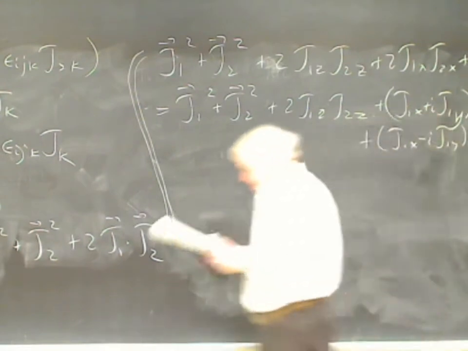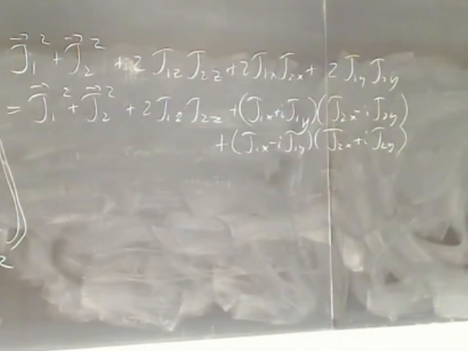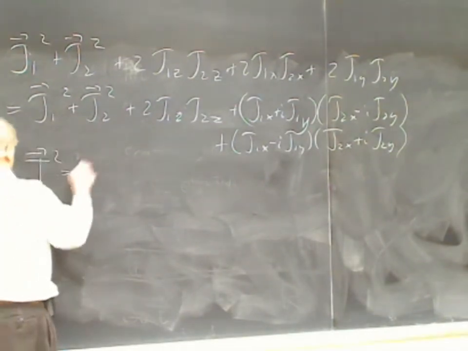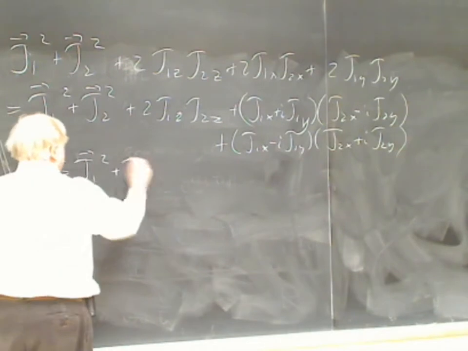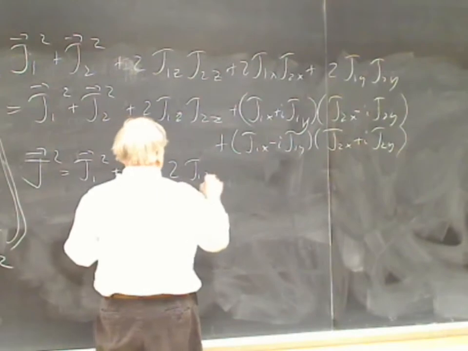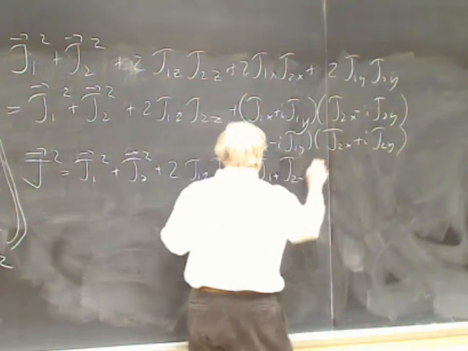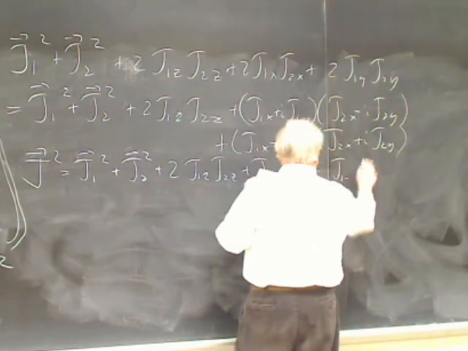Okay, so that's some algebra there. And you remember we introduced J plus and J minus. So what this tells us is J squared is equal to J1 squared plus J2 squared plus 2 J1Z J2Z plus J1 plus J2 minus plus J1 minus J2 plus.